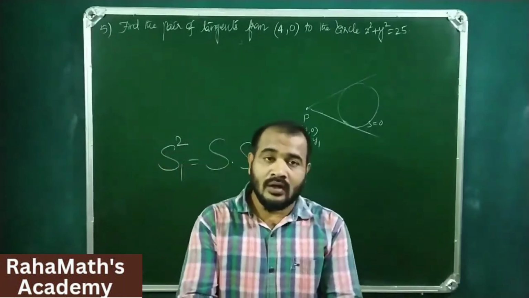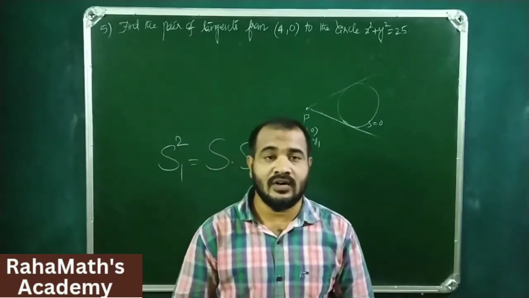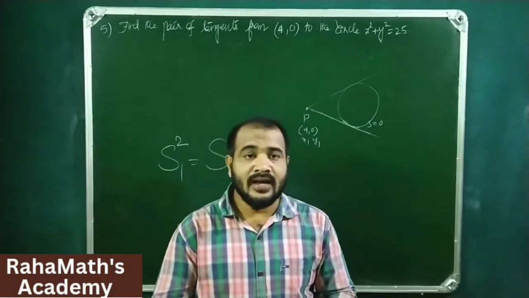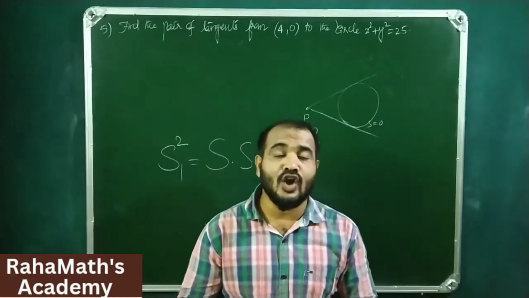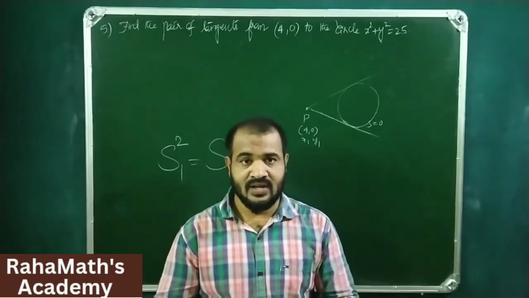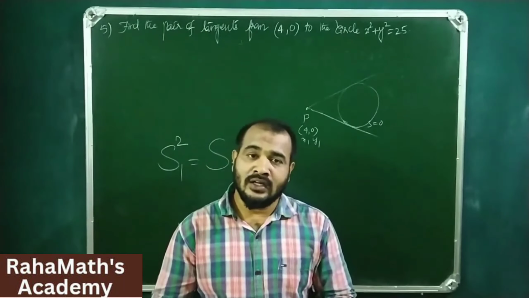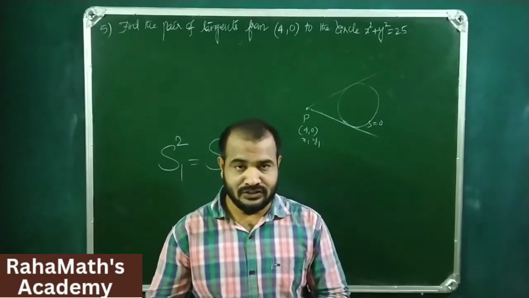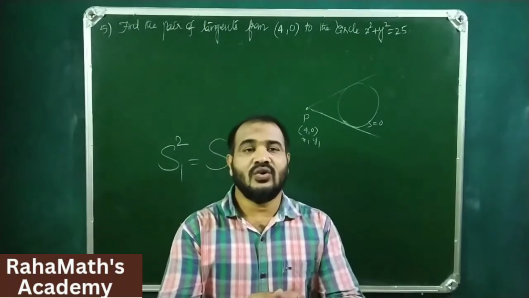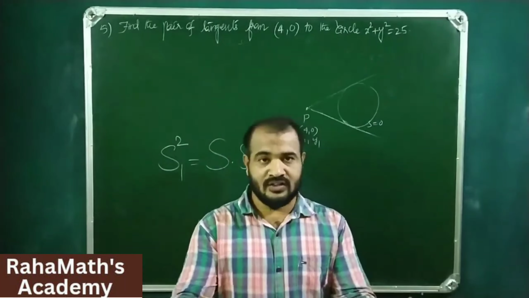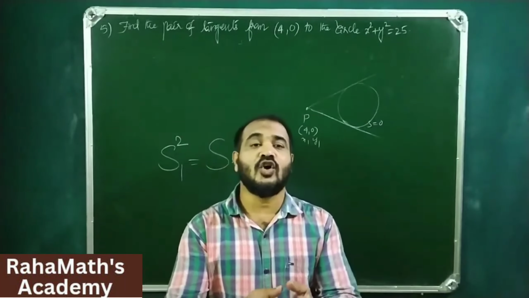Remember, last year we studied ax square plus 2hxy plus by square equals 0, a second degree homogeneous equation. That is the combined equation of lines passing through the origin.